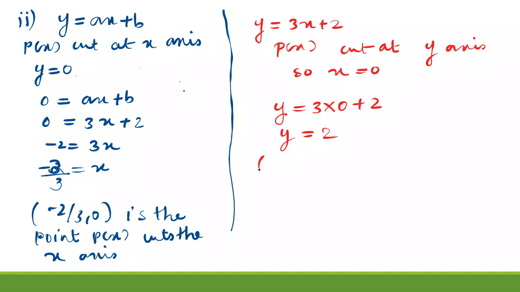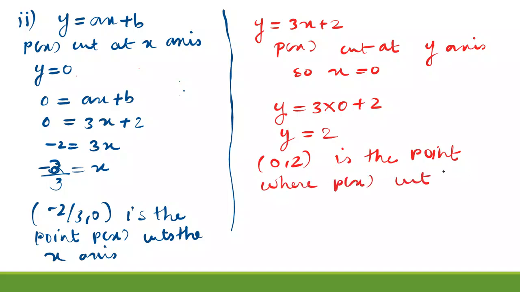So what will be the point? 0, 2 is the point where P of x cuts the y-axis. Got the idea? So these are the points. Minus 2 by 3 comma 0 is the point where P of x cuts the x-axis, and 0 comma 2 is the point where P of x cuts the y-axis.